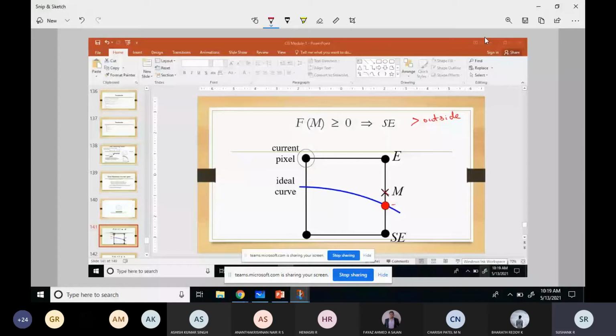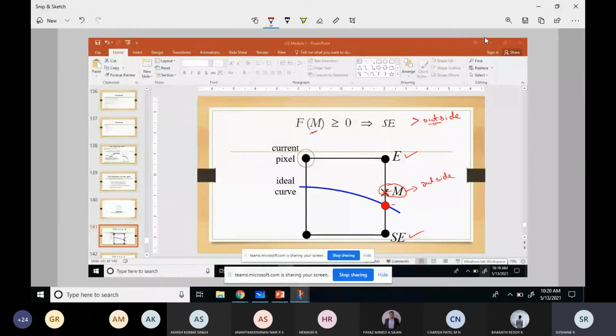The midpoint is between the pixel E and the pixel SC. F of m means I'm calculating the midpoint. If I get greater than 0, it tells that this midpoint m is outside the circle.